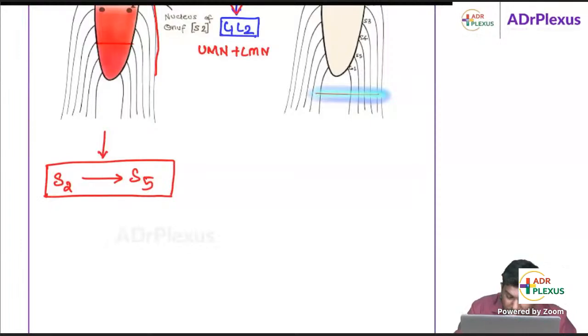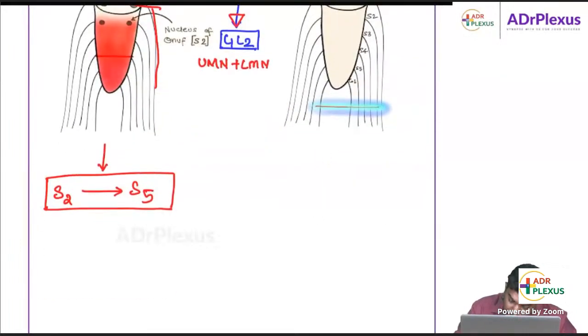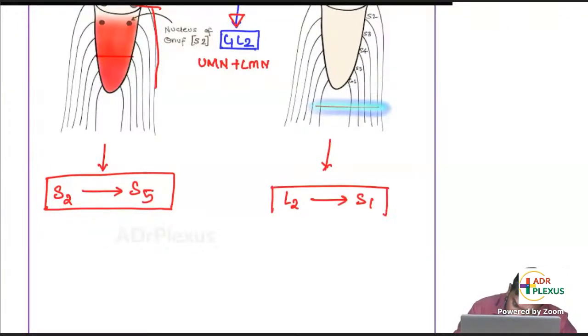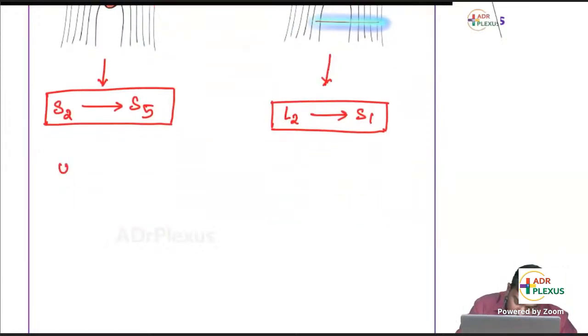Okay, if you take the cauda equina, the fibers are from L2 to S1. L2 to S1. Okay, here it is going to be UMN plus LMN. Here it is going to be LMN.